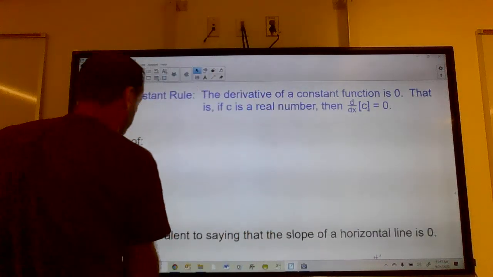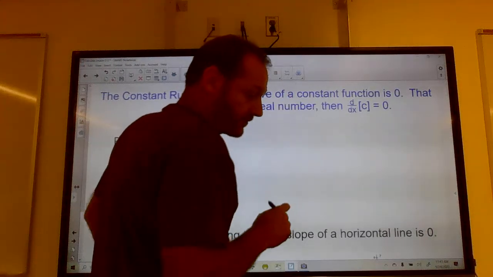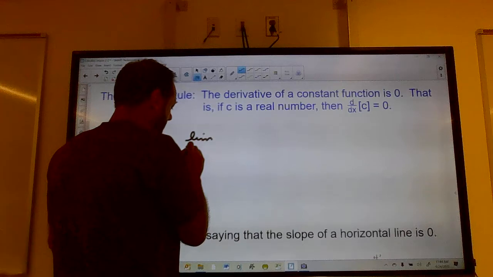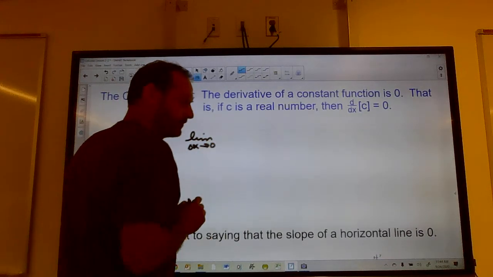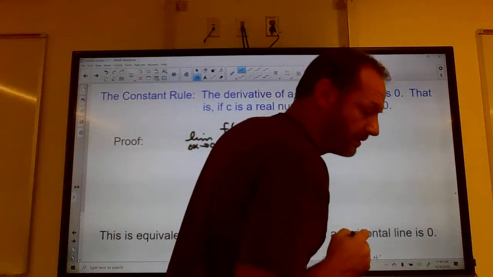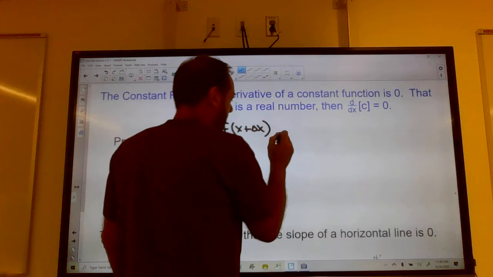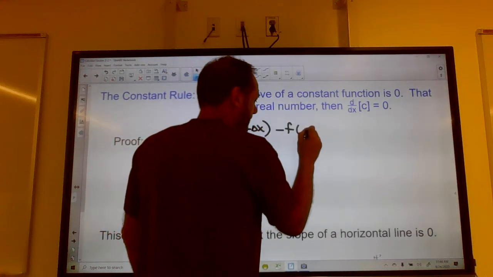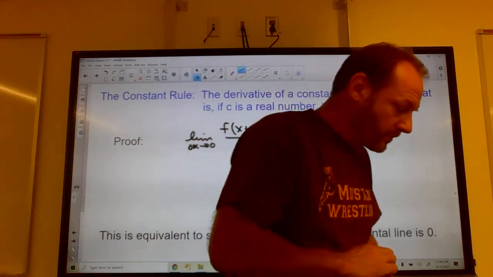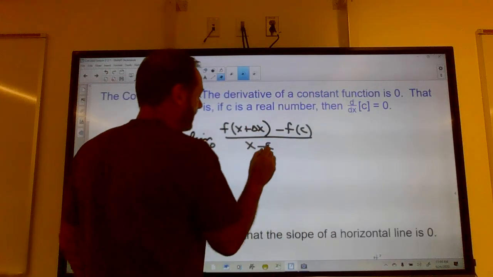So we're going to get out our formula that said that the derivative was equal to the limit as delta x went to 0 of f of x plus delta x minus f of c all over delta x.